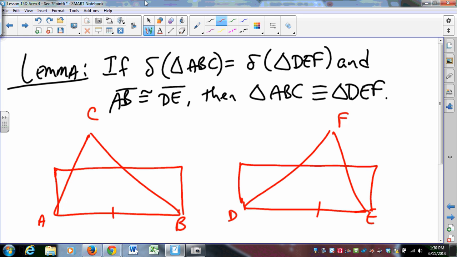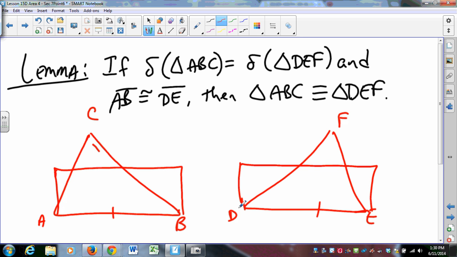So it follows immediately that since the defect here is equal to the defect here, is equal to the defect here, is equal to the defect here, then triangle ABC is scissors congruent to triangle DEF. They are both congruent by dissection to the same Saccheri quadrilateral.